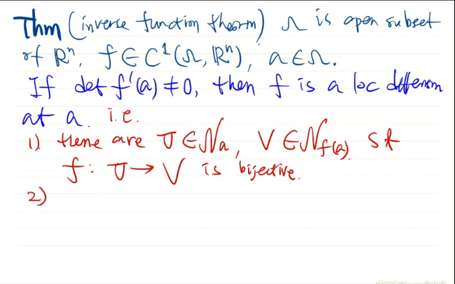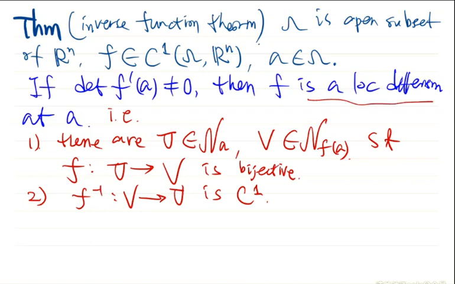Because it is bijective, one-to-one and onto, it has an inverse map. The inverse map is a map from V to U. It is also continuously differentiable. So this is what we say: F is a local diffeomorphism at the point A. Now this new map, that is the inverse map or inverse function of F, is C1 differentiable. Therefore, we are interested in the derivative of this map. So this is the third conclusion of the theorem.